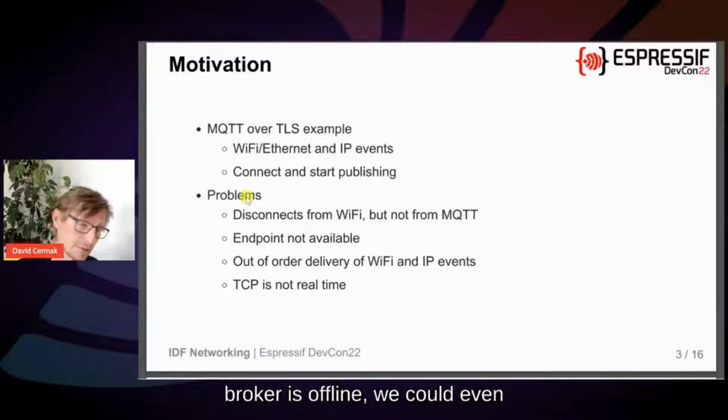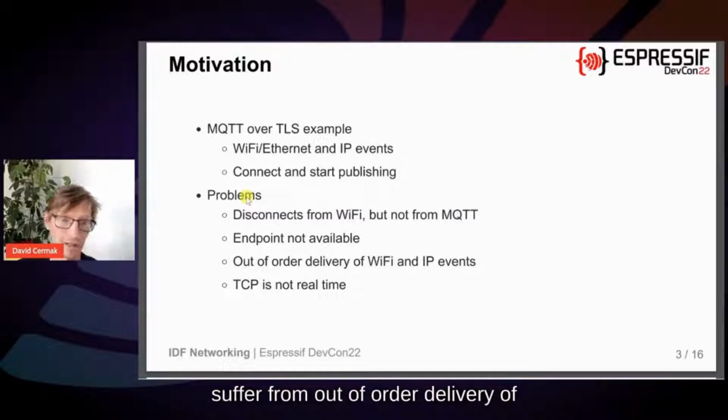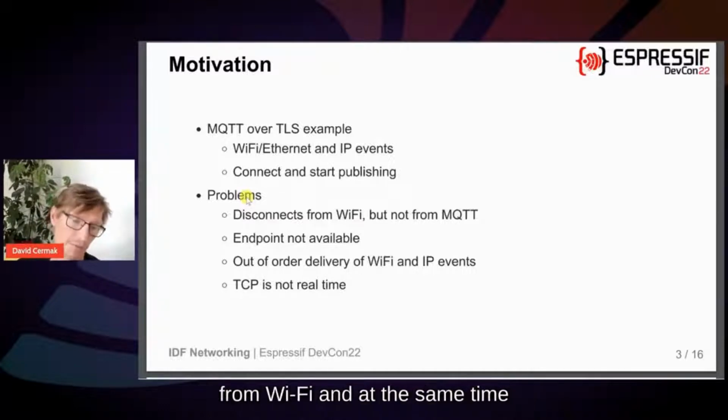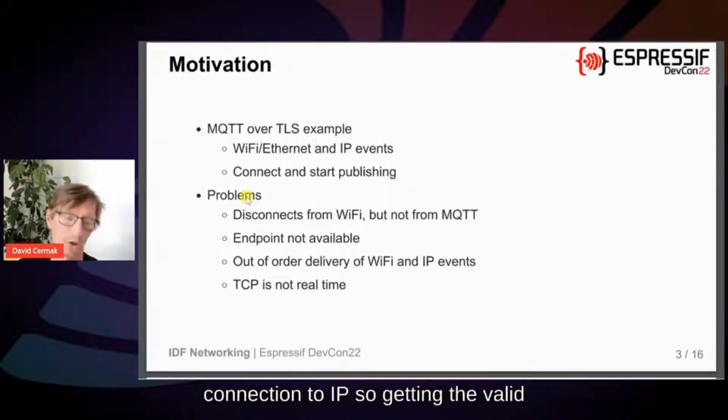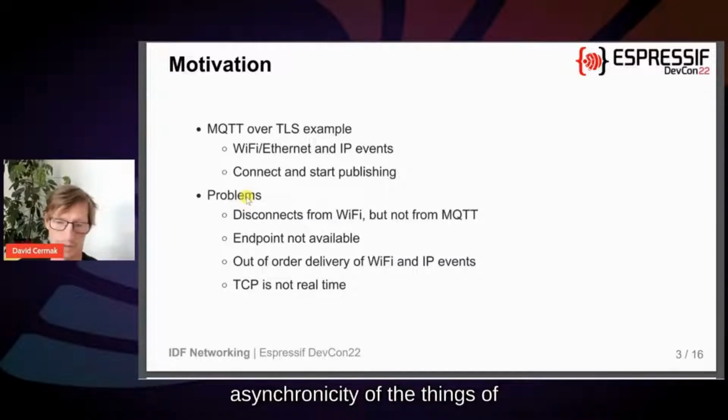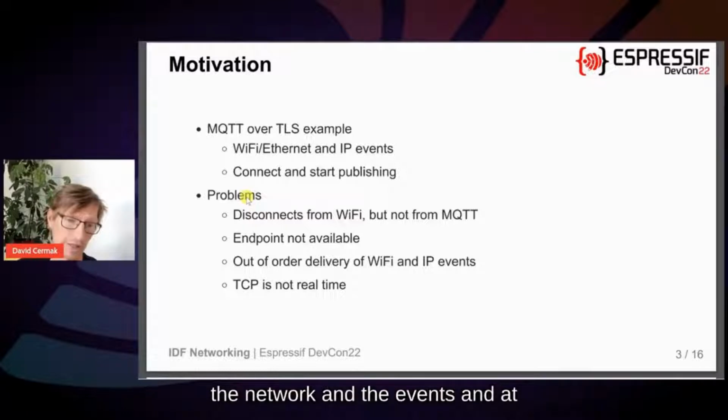We could even suffer from out-of-order delivery of different events from Wi-Fi and IP layer. So we could get a disconnection from Wi-Fi and at the same time connection to IP, so getting the valid IP address. And that's due to the asynchronicity of the things of the network and events and different layers.